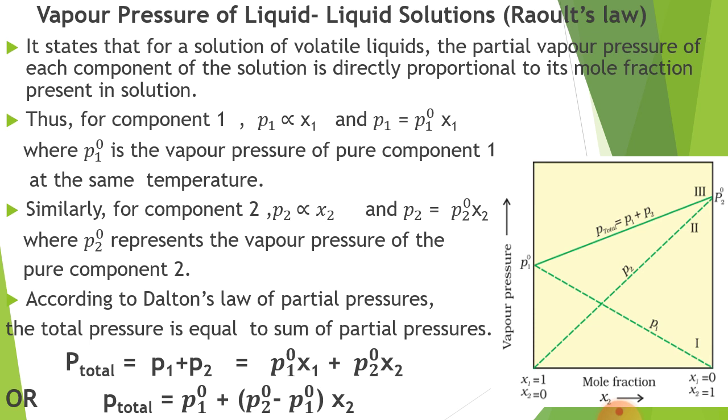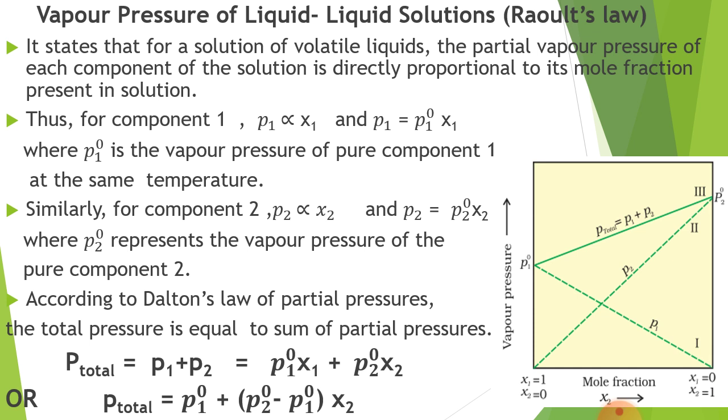That's why here also we are applying Dalton's law of partial pressure. The total pressure is equal to the sum of the partial pressures, that is P total equals P1 plus P2.